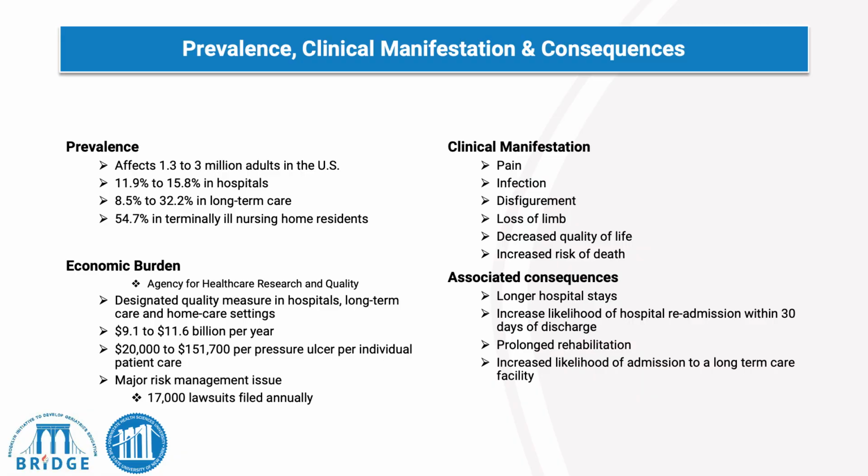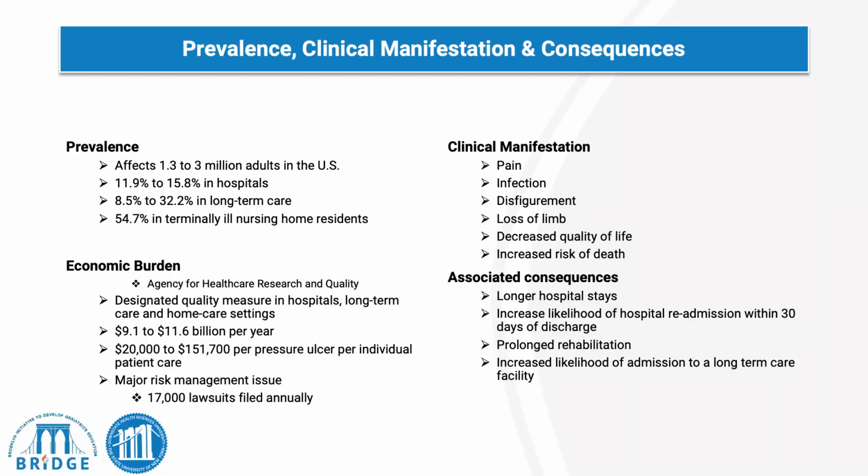In terms of the economic burden of pressure injuries, this is data presented by the Agency for Healthcare Research and Quality. Pressure injuries have been designated as a quality measure in hospitals, in long-term care facilities, and in home care settings. The cost associated with providing care to patients with pressure injuries approaches almost $6.5 billion per year.